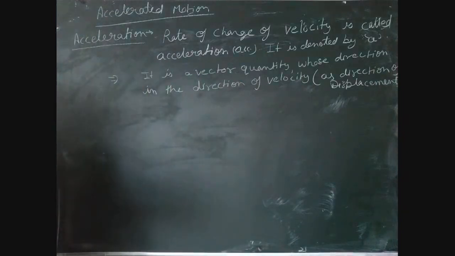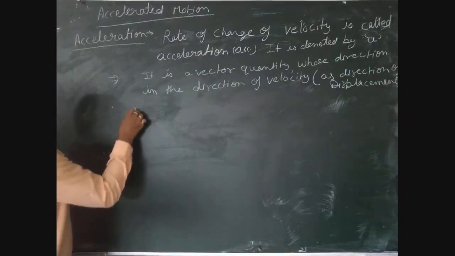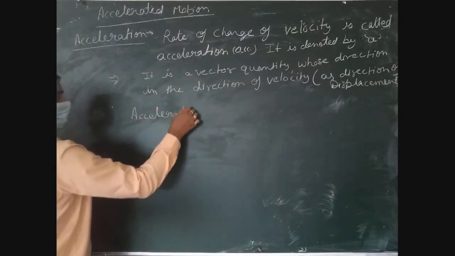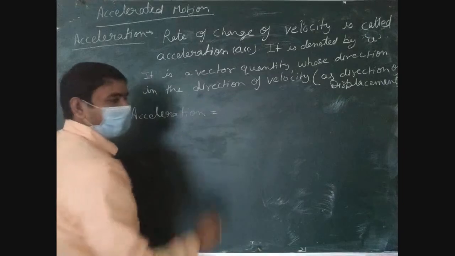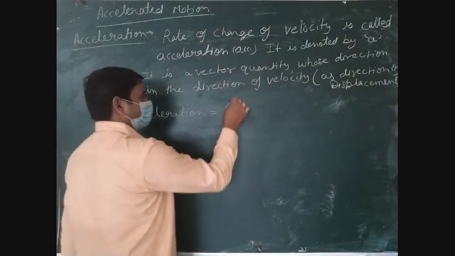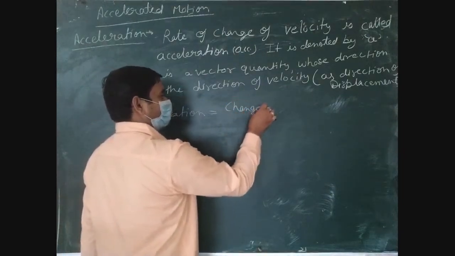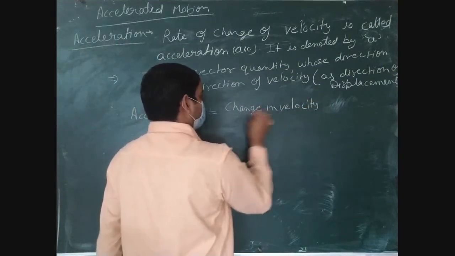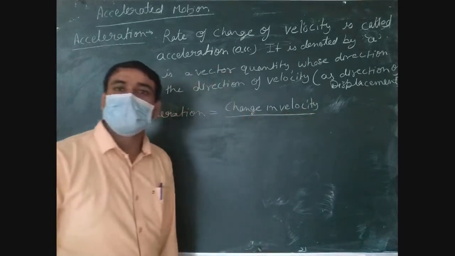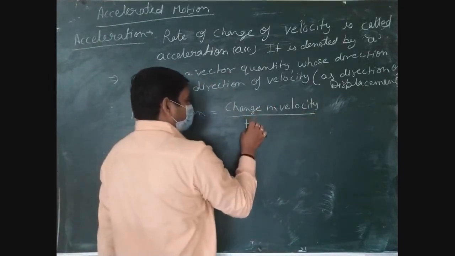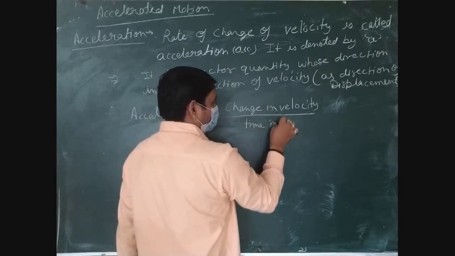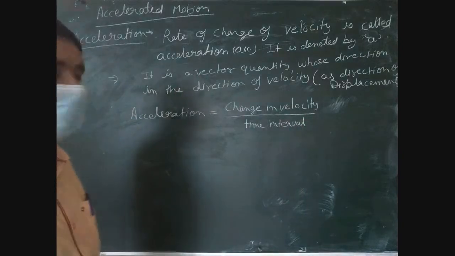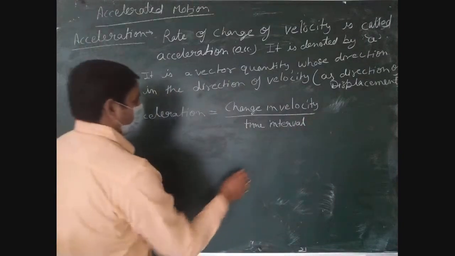Now, according to the definition, acceleration is given by change in velocity by the time interval up to which the velocity of the object will change.